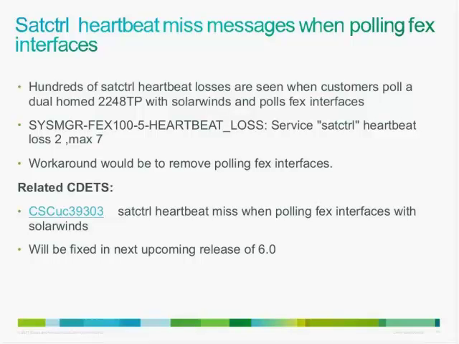Stuff like that, right? What we have seen is if you have a heartbeat loss for a specific interval, then we log this message. We have specifically seen this when polling the FEX interfaces. Obviously, it's related to SNMP polling.